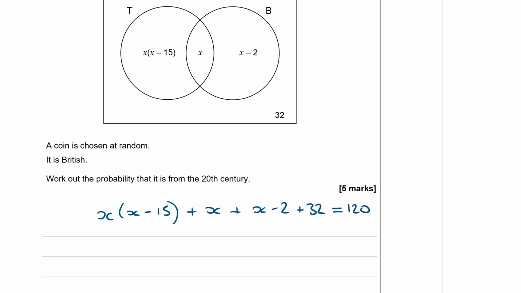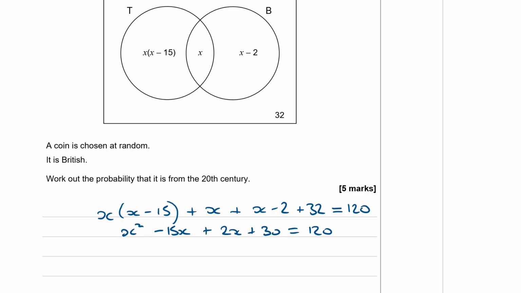So we're going to have a quadratic in x here. Multiplying out those brackets, we get x squared minus 15x plus x and x is 2x, minus 2 plus 32, which I'm going to combine into plus 30, equals 120.